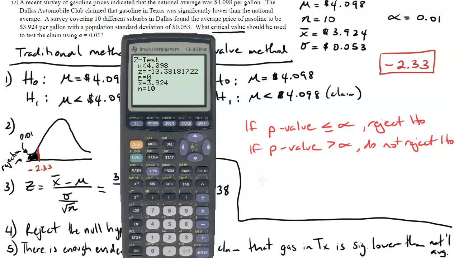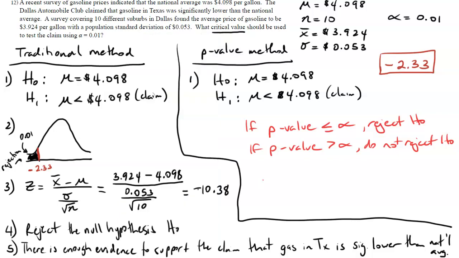The p-value in our case is 0, and alpha is 0.01. So the p-value is a little bit smaller, but it is less than alpha, so reject the null hypothesis. And we get the same exact determination that we did using the traditional method. You can use either method you like.